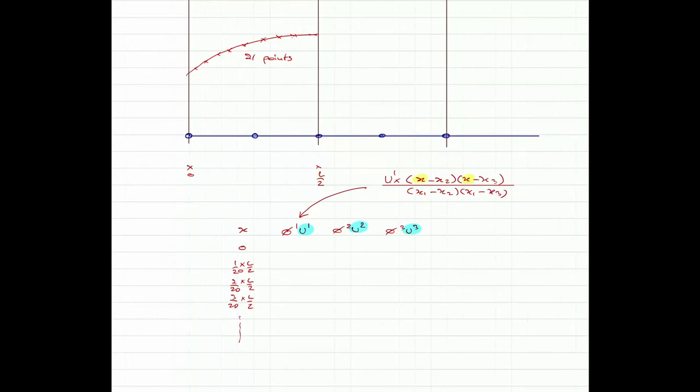Okay, x value is from here. Then you get this value. Do the same thing for here and there. Add them up. You get u. Okay, and continue down this way.